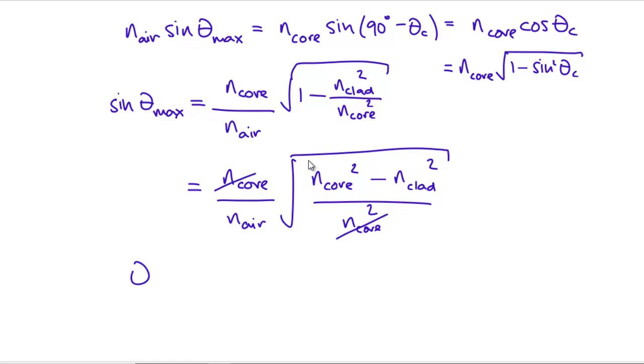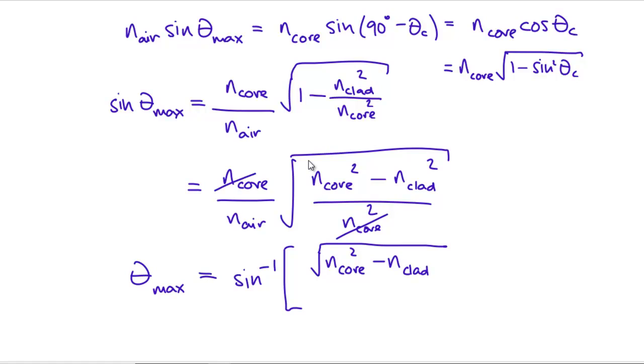So theta max is going to be the inverse sine of, well, just that square root bit, n core squared minus n clad squared, over n air.